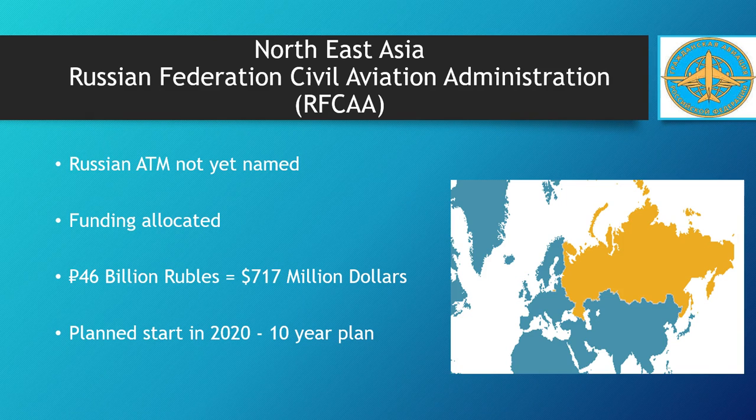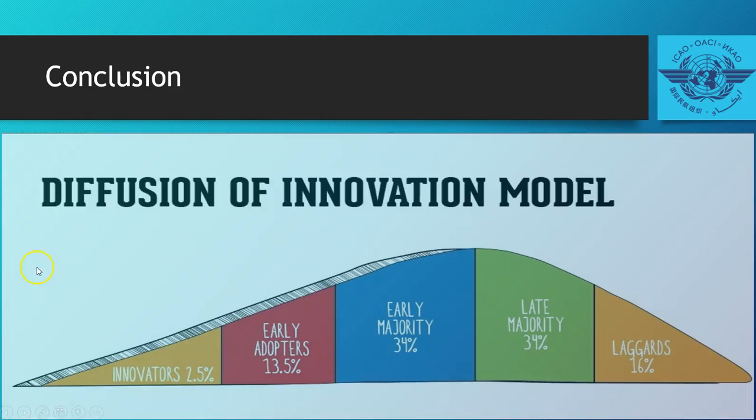Considering Russia is the world's largest nation that borders European, Asian countries, as well as the Pacific and the Arctic regions, it has only recently received funding of 46 billion rubles, which is about $717 million, to research, develop, and implement its own ATM system with a projected in-place date by the year 2030. Considering the nation's poor aviation safety record and political tensions, this project will most likely require longer than 10 years to implement, which is concerning.